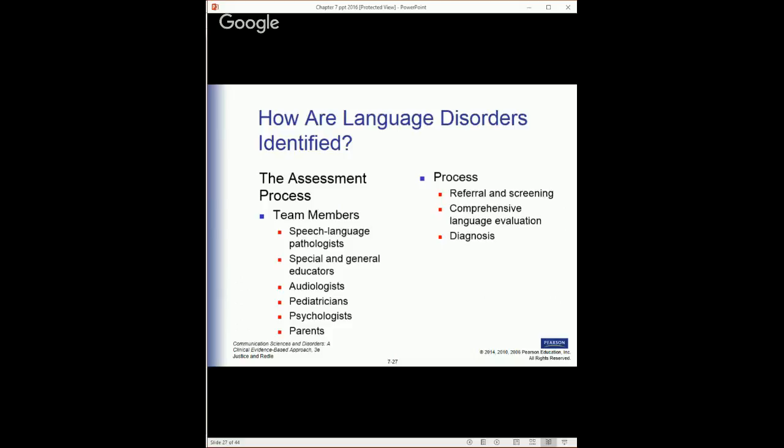These evaluations will usually involve a case history and a comprehensive analysis of the child's language skills. The parents typically will fill out the case history from a questionnaire-type form, which may be completed in person or at home, and the parents might return that to the person who's conducting the evaluation.